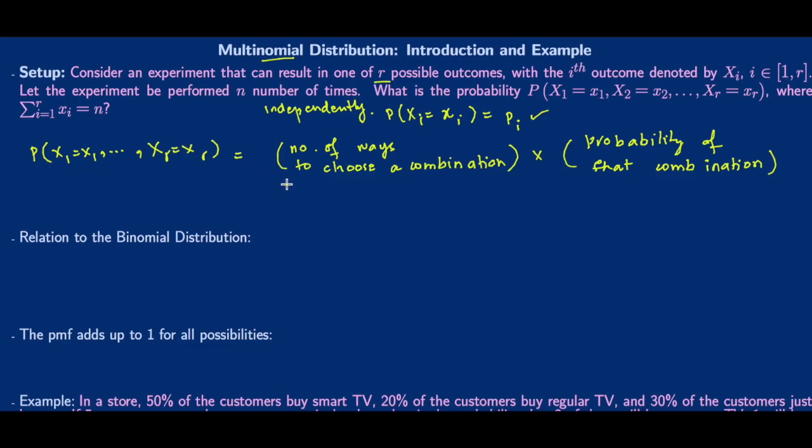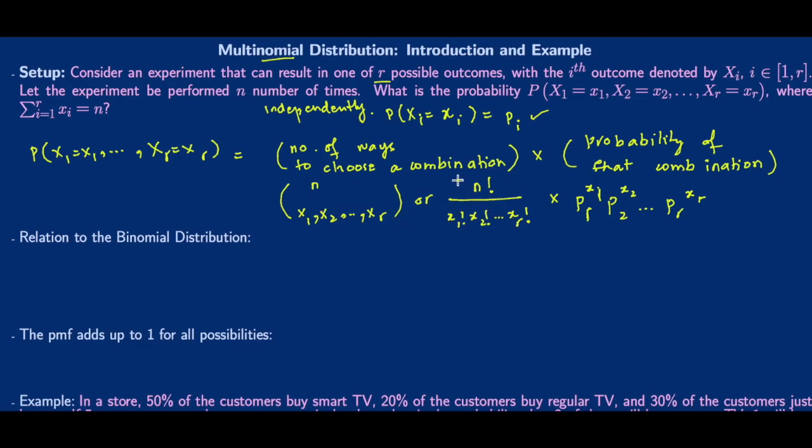This can be written in two ways. We can write it in combination form, n choose x1, x2, up to xr, or in factorial form, n factorial divided by x1 factorial, x2 factorial, up to xr factorial. This is multiplied by the probability of that combination. The probability of having outcome i occur xi times is pi to the power xi, because they are independent, and so we get p1 to the x1, p2 to the x2, up to pr to the xr.